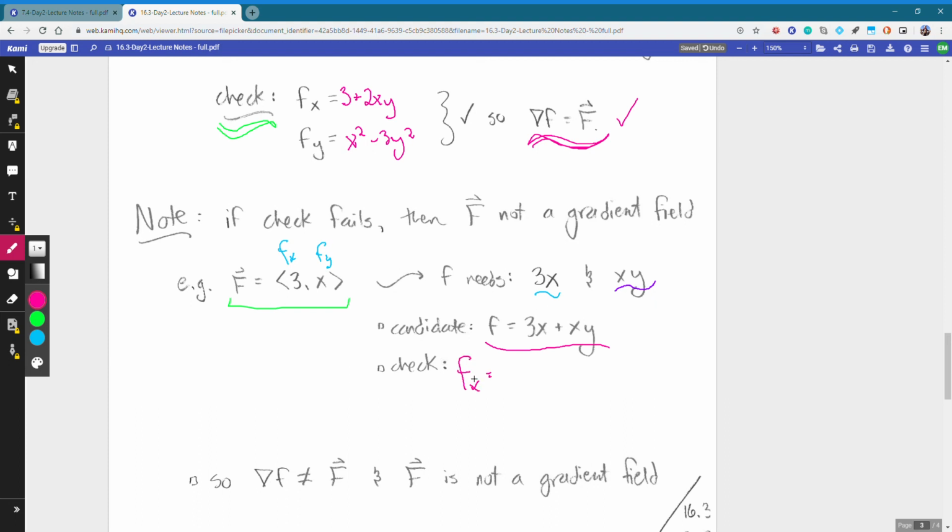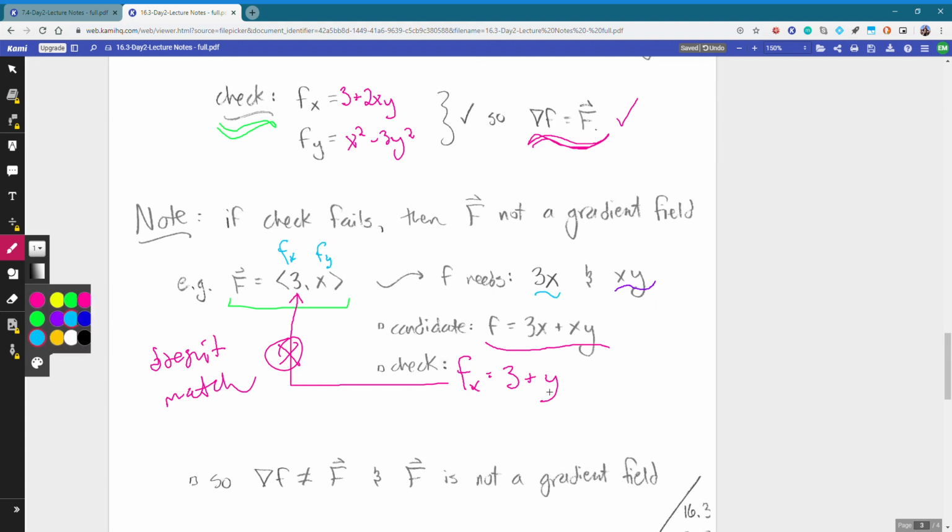And if we do our check, well, partial with respect to x is 3 plus y, which notice already we can see doesn't match. And so already we can see that, okay, our vector field is not a gradient field. Right? If we wanted to, we could do our second check as well.